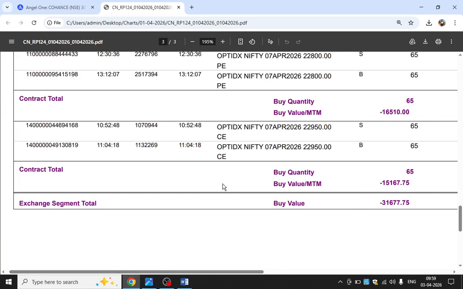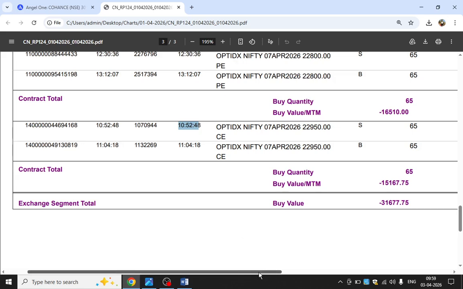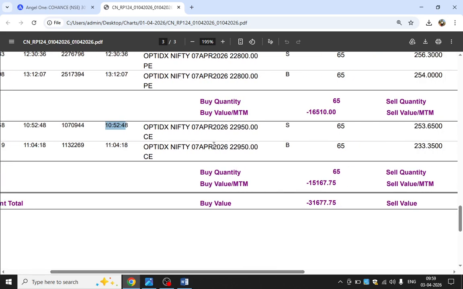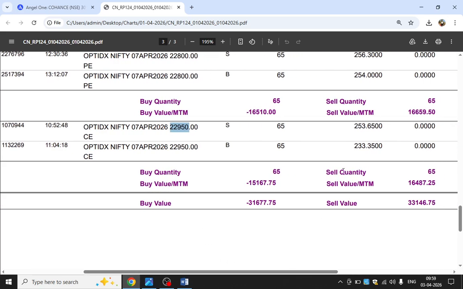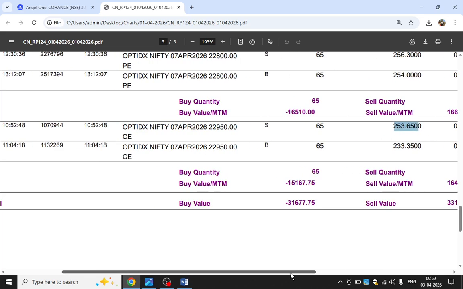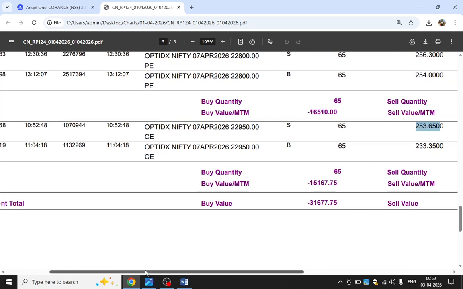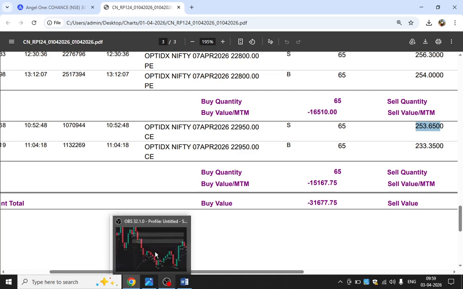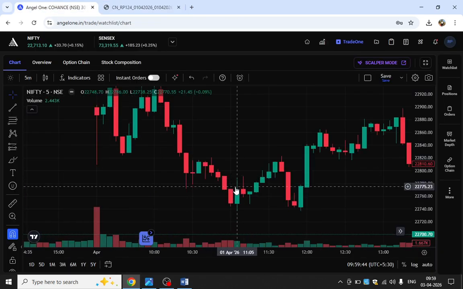I sold my position at 10:52, and I sold one position, the strike was 22,950, and I sold at 253.65.